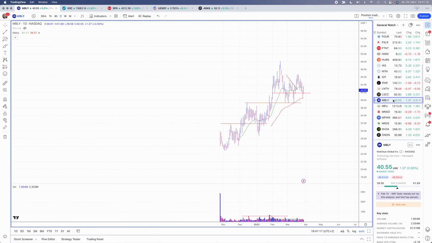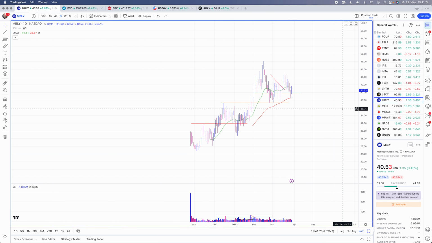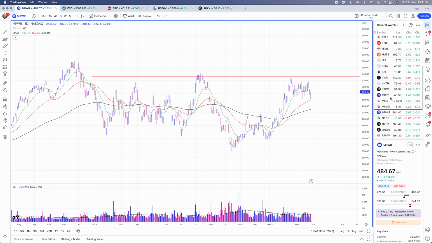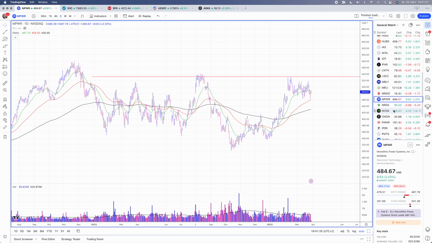Mobileye, also automotive and electric vehicle related, but more in the ADAS systems direction. MPWR is a stock we observe from the semiconductor business.